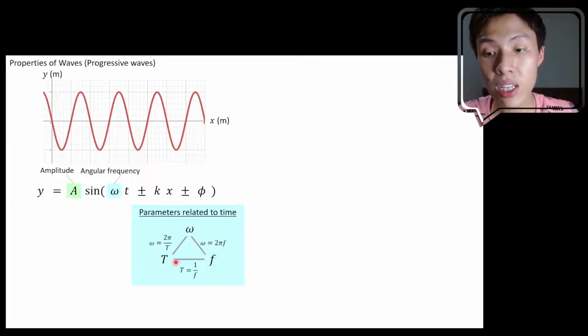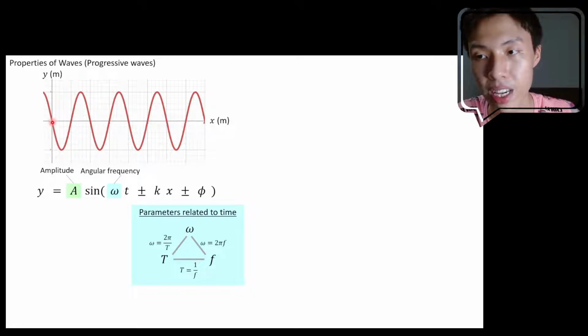So how do we measure the period here? Well, if you just look at this wave over here, you can't determine the period. It's not similar to chapter 9. In chapter 9, you obtain the period by taking the time taken to complete one oscillation. But be careful here, this is the x-axis, this is not a time axis.